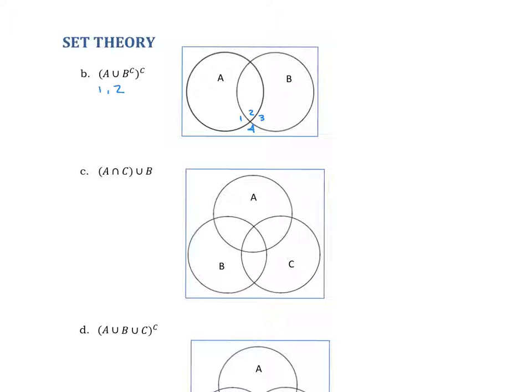The complement of B can be represented by regions 1 and 4. So we're looking at the complement of regions 1, 2, and 4, which means that we will need to shade region 3.